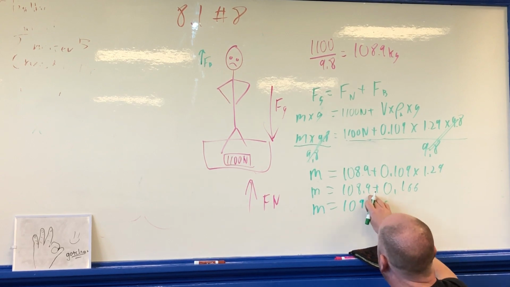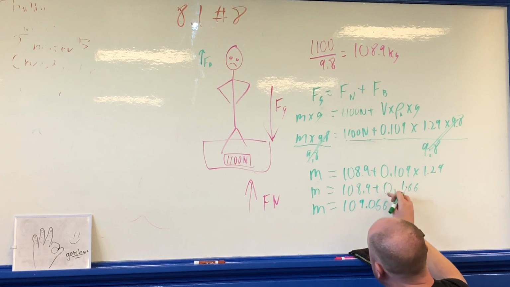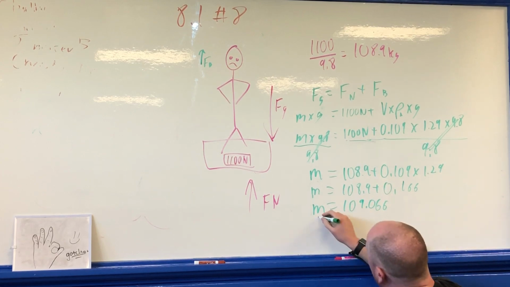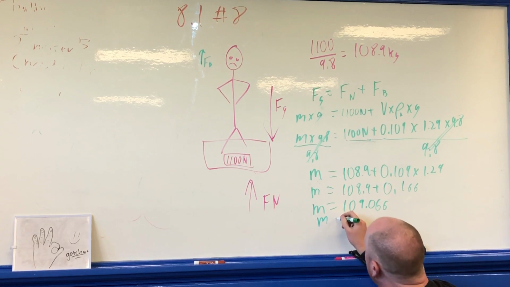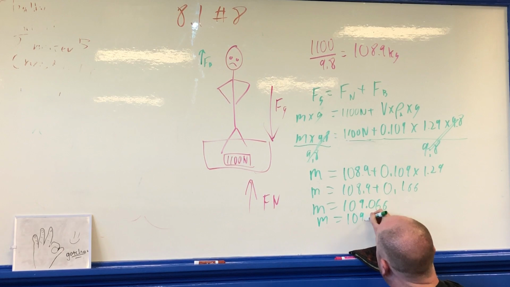Now that's my limit to sig figs, so I'm going to have to round this up to the tenths, so I end up with my real mass, the mass that I really have, is equal to 109.1 kg.